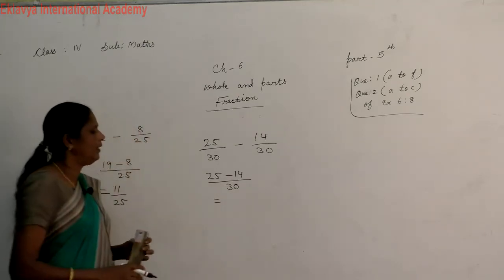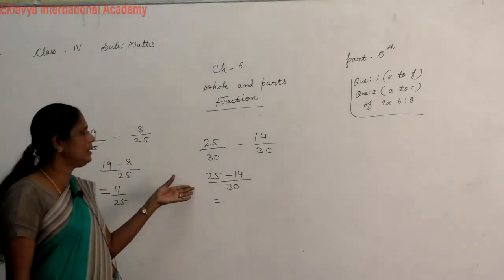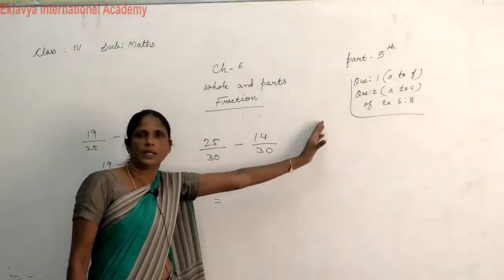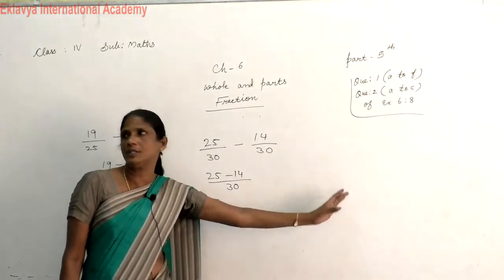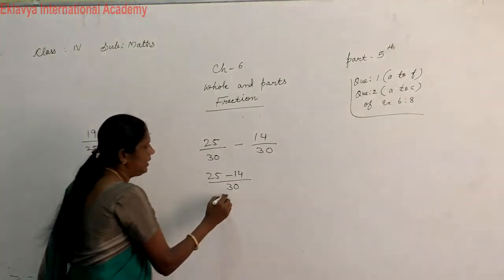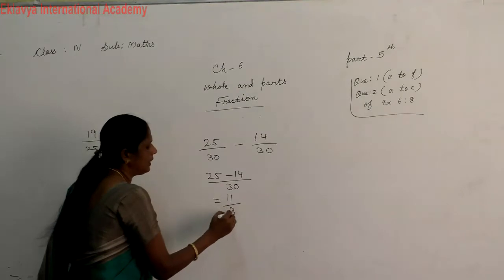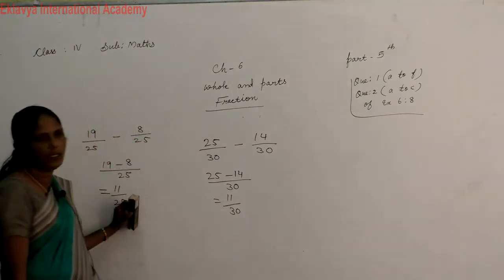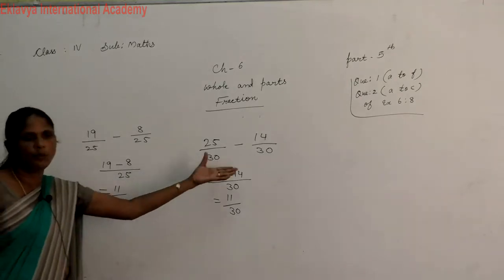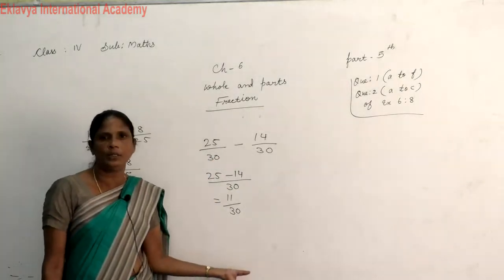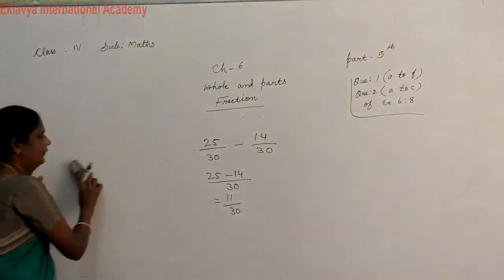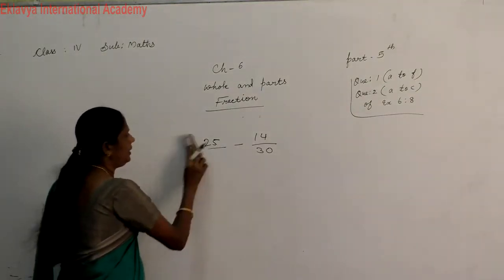If you don't know, you write it in the side of the notebook. Then you subtract. We write 11 upon 30. Our answer is 11 upon 30. You understand how to subtract with the same denominator? Then, how to subtract with different denominators?